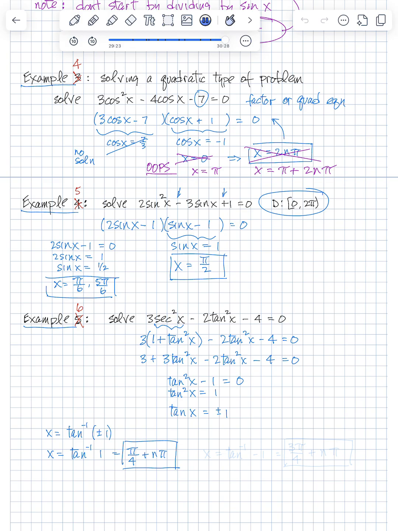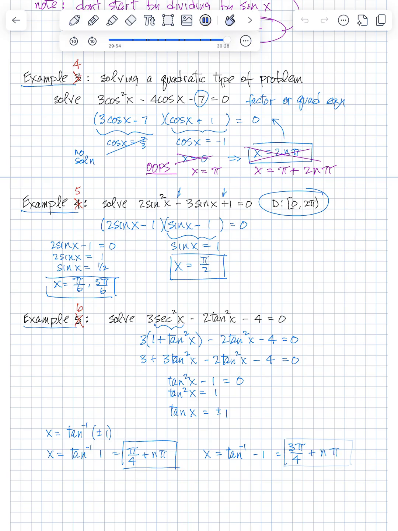Now our other answer, so x is equal to the arctangent of a negative 1. Well, if you put it in your calculator or look at a unit circle, that's equal to 3 pi over 4. And again, this is going to be plus n pi.